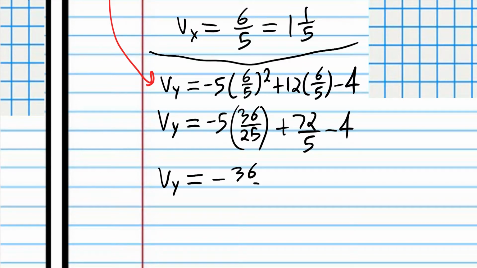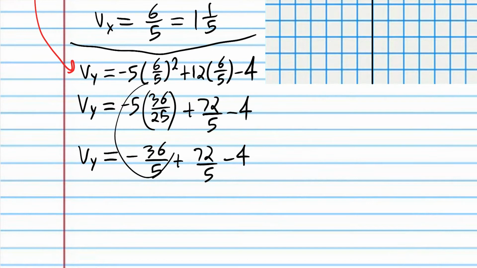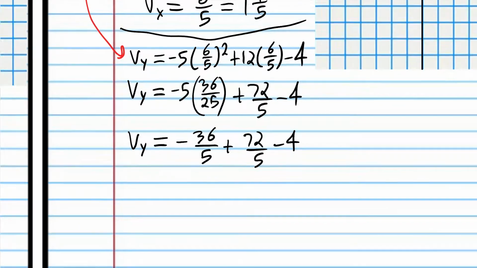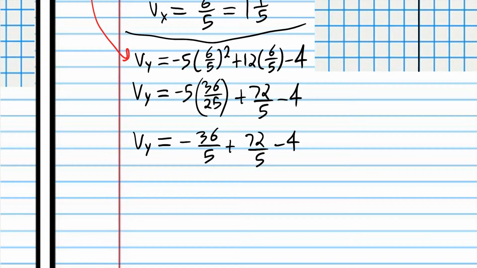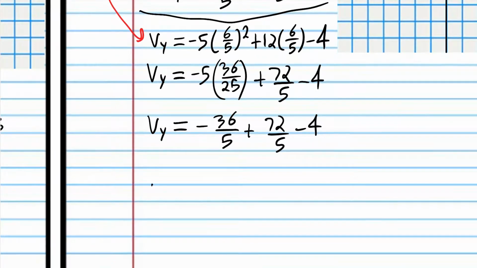So we get -36 over 5 plus 72 over 5 minus 4. Again, you're going to learn these faster methods as you go into upper mathematics. Okay, so -36, we have a common denominator already, so -36 plus 72 is just going to be positive 36.